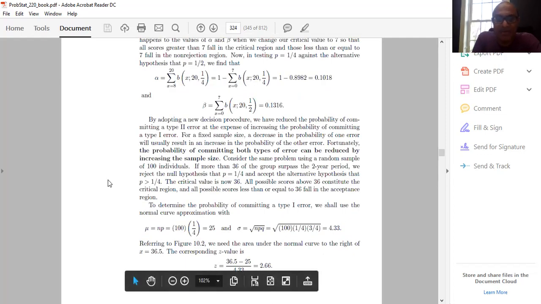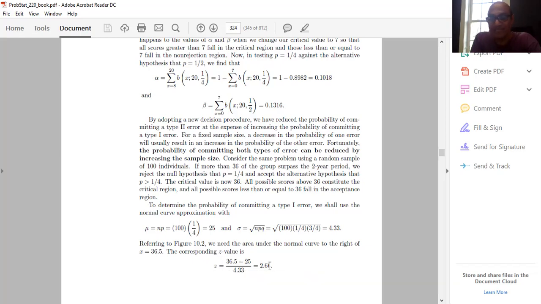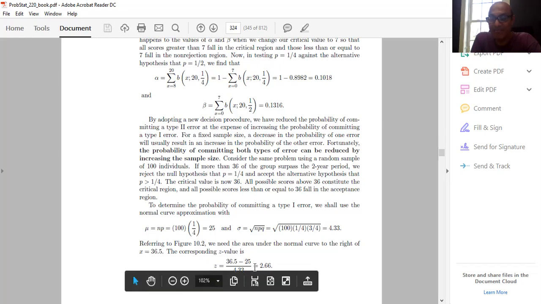My mean value is this one, and I'm converting it in terms of my z-score. This is my x bar, this is my mu equal to 25 in this particular problem, divided by sigma over square root of n, or whatever it may be. And I'm getting my z-score 2.66. So if I find z equal to 2.66, then my alpha will be z equal to 2.5, means H0 is 2.66.